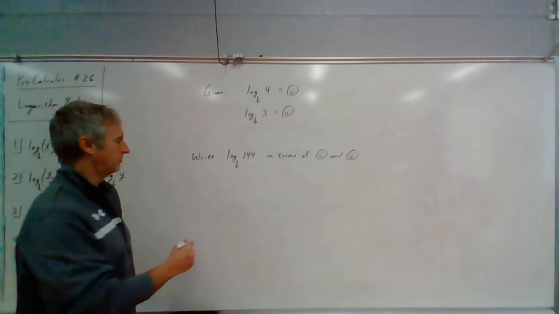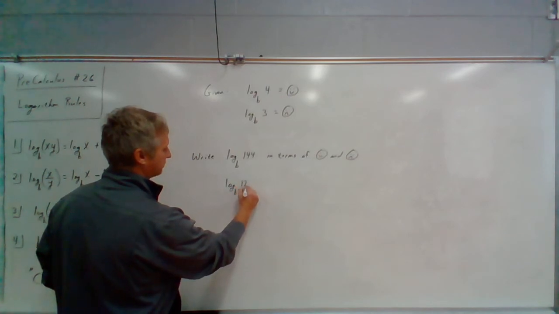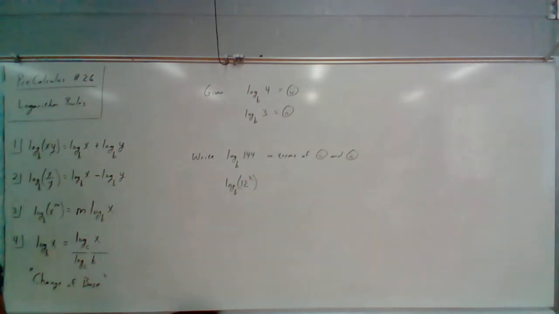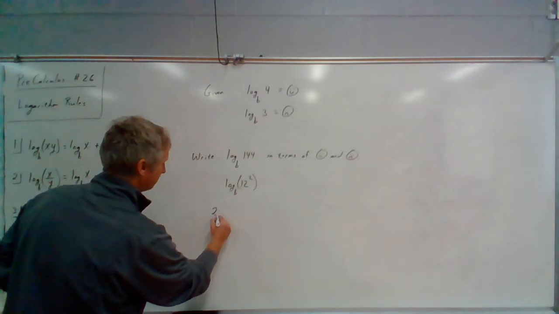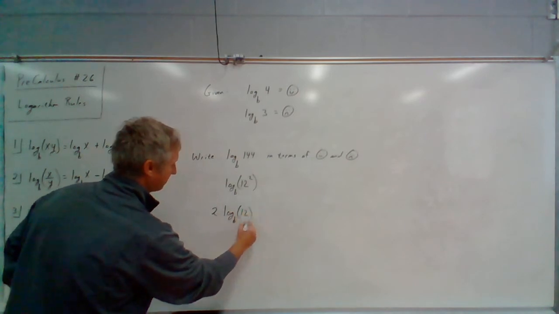Okay, so let's do that. Log base b of 12 squared. I have a logarithm rule, number 3 here, that tells me how I can rewrite that. I can move this exponent down to the front. So I'm going to put 2 log base b of 12.